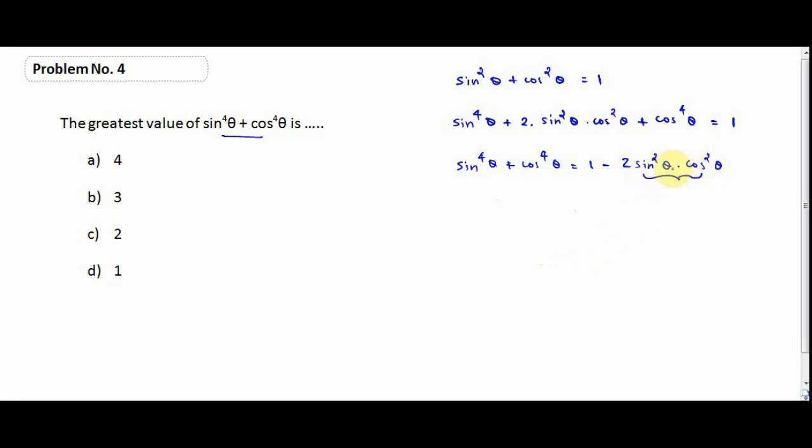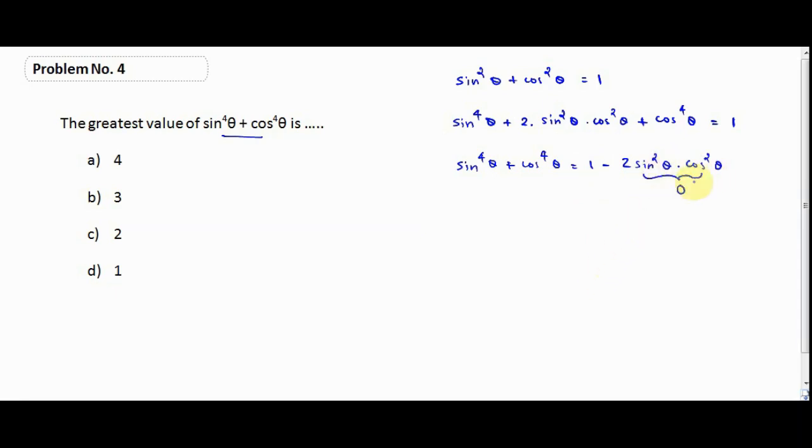But here we have two square terms, so they cannot be negative. If they become positive, then the entire value on the right hand side will be less than 1. So the right hand side will have the maximum value when this expression reduces to 0.